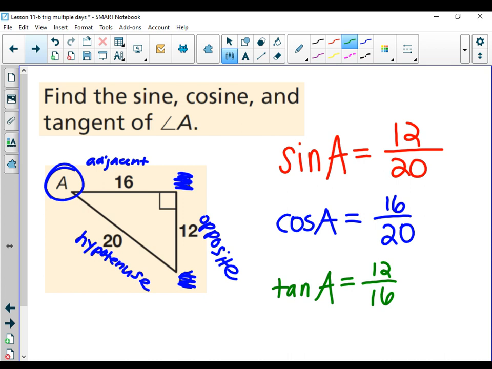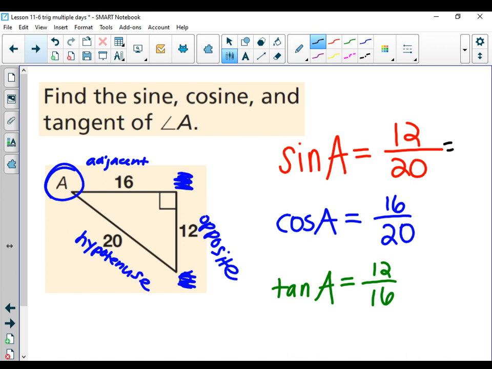Anybody want to say anything about these ratios? Yeah, you can write the whole thing out. Anybody feeling the need to simplify? What can I divide 12 and 20 by? 4, 6. No. 2 or 4.